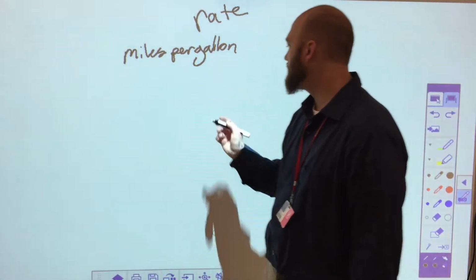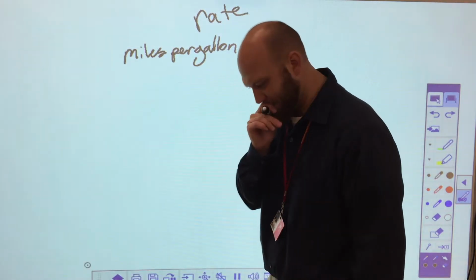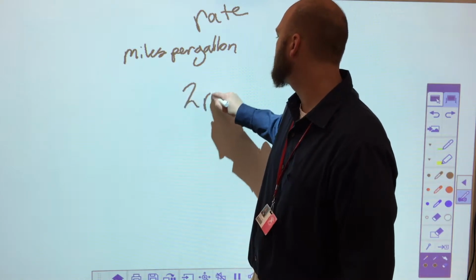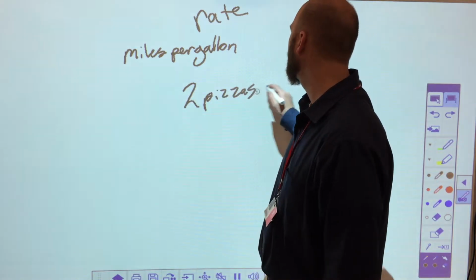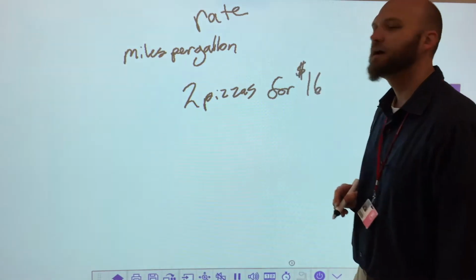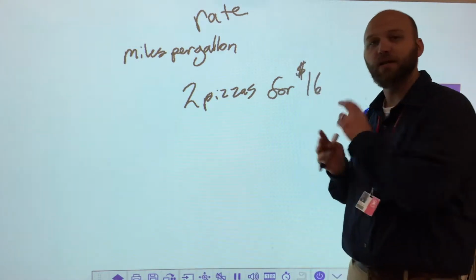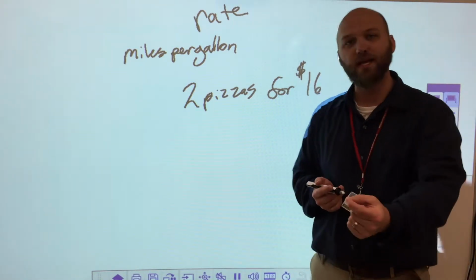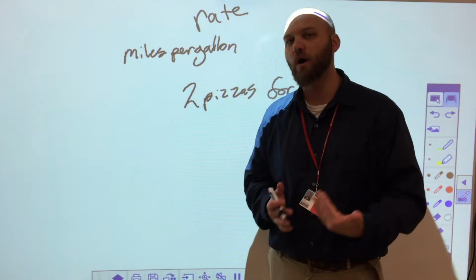So again, if I'm talking about my rate, and let's just say I'm going to go ahead and buy 2 pizzas for $16. I'm comparing pizzas and money. That's two different things. So because I'm comparing them, I'm going to get a unit rate. My unit rate, how much is 1 pizza?